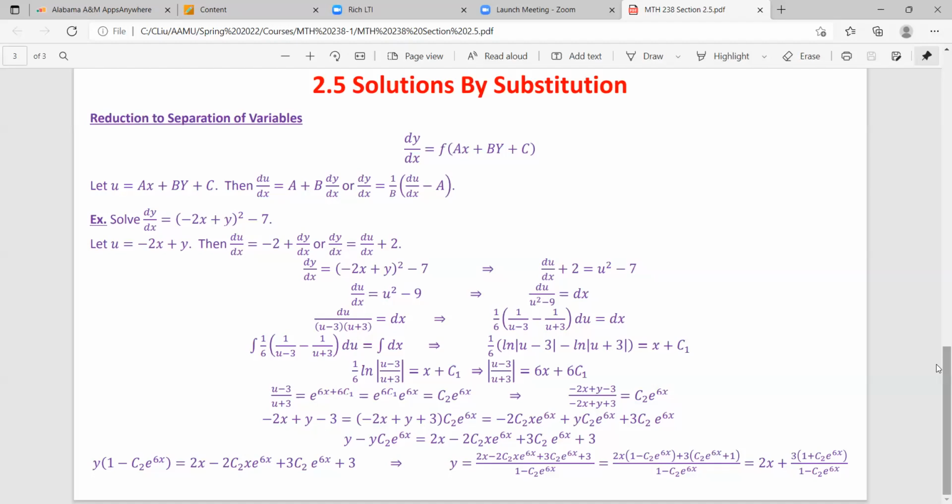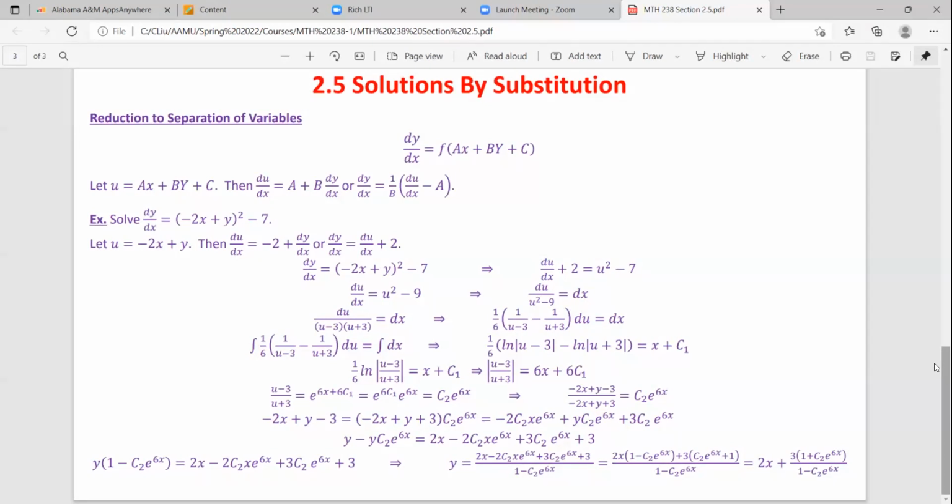So you can easily solve for dy over dx from this equation to get 1 over b times du over dx minus a. And then you plug that into the original equation, so you're going to obtain a new equation for u and x and solve it easily. So we'll see one example in here.